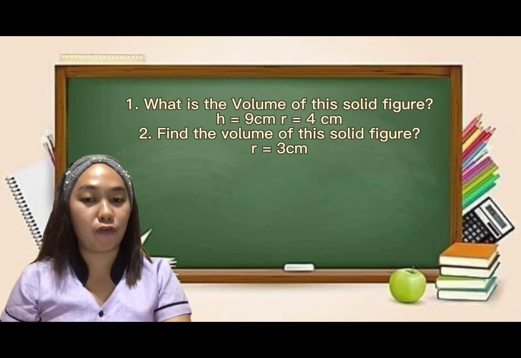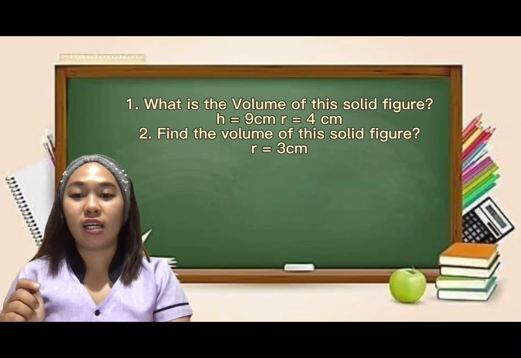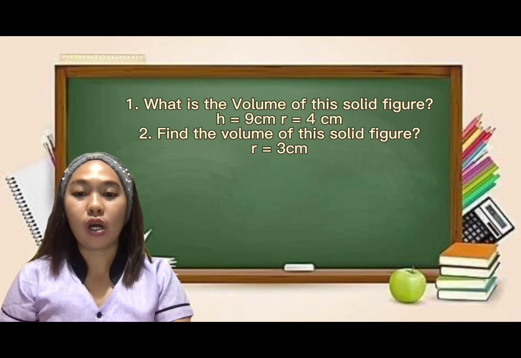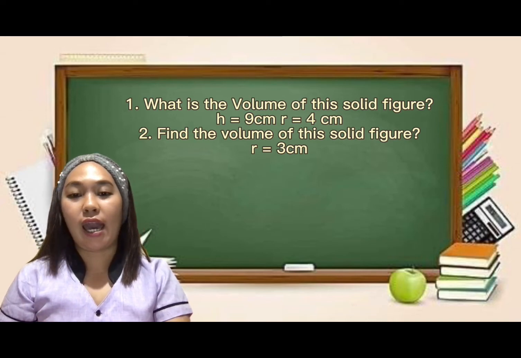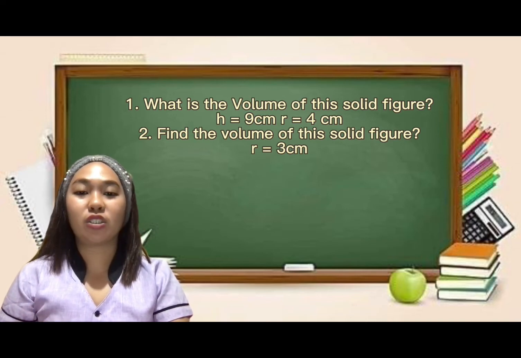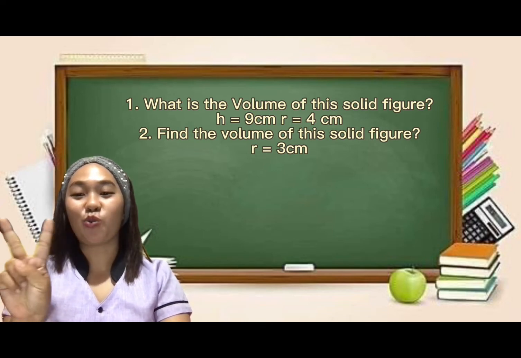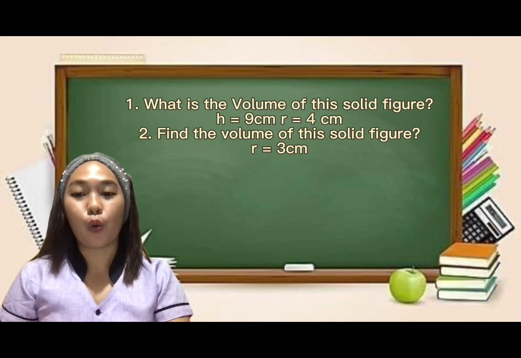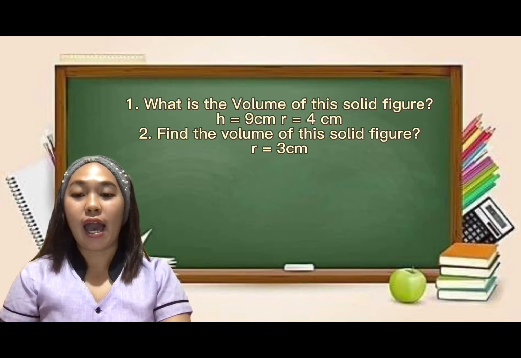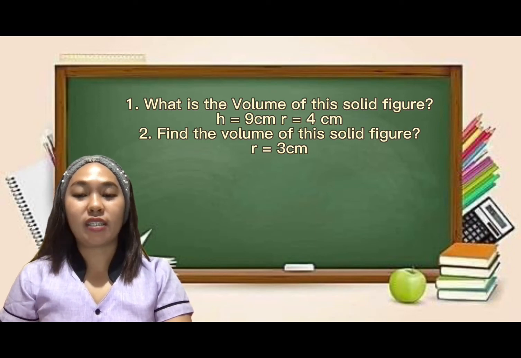What is the volume of this solid figure, which is a cone, where the height is equal to 9 centimeters and the radius is equal to 4 centimeters. Number 2. Find the volume of this solid figure, which is a sphere, and the radius is equal to 3 centimeters.